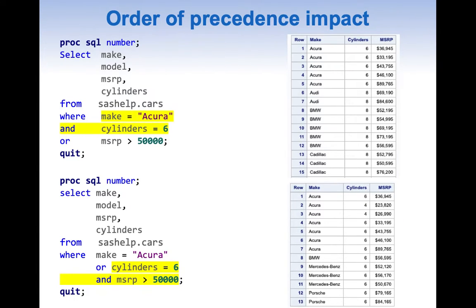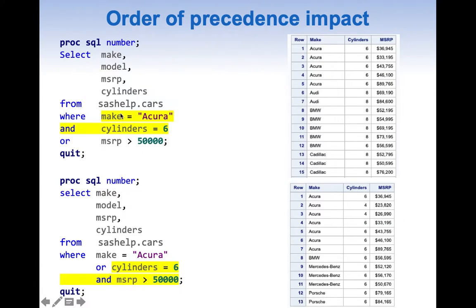Now let us look into the first query and try to understand how order of precedence has impact. In this query, we have select make, model, MSRP, cylinders from SASHELP.CARS, where make equal to Acura and cylinders equal to 6, or MSRP is greater than 50,000.